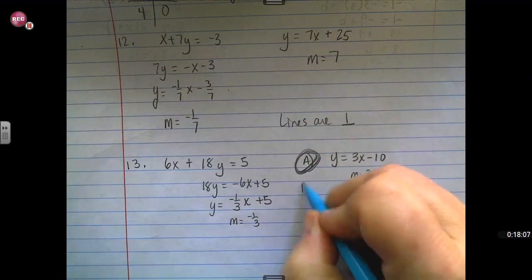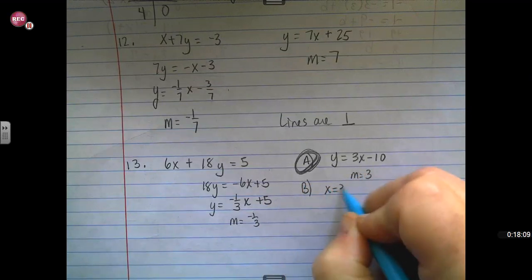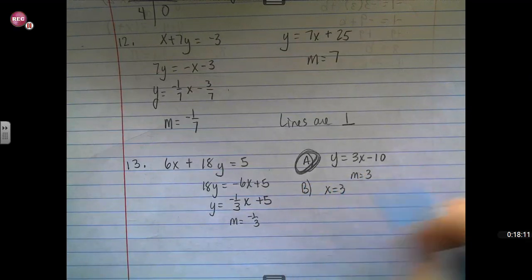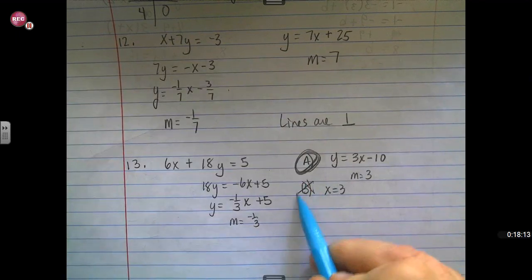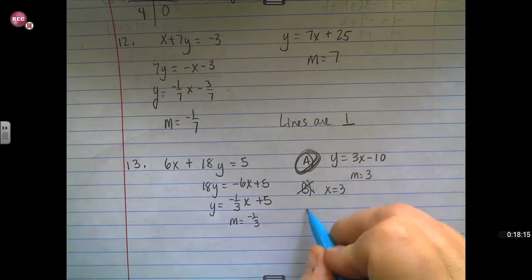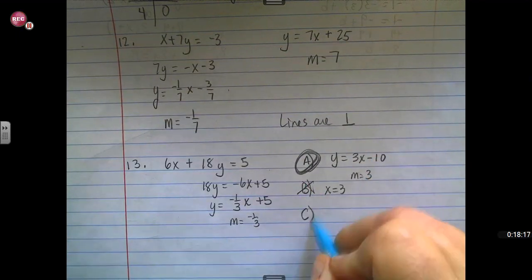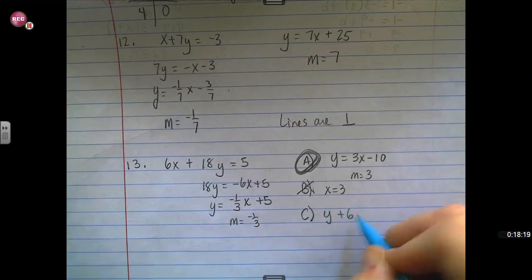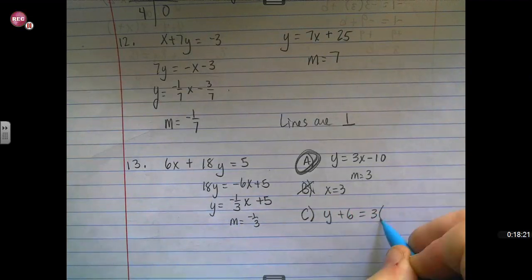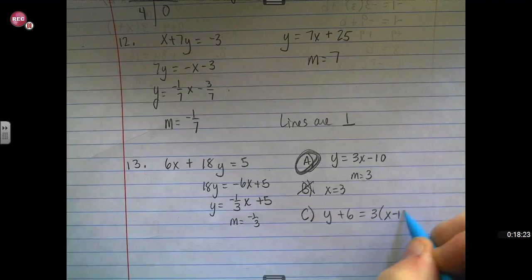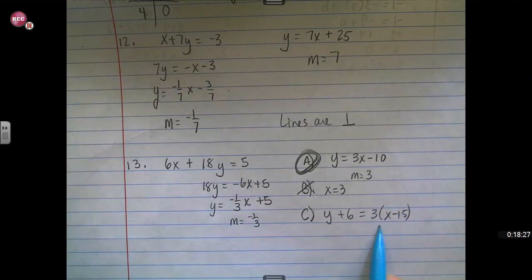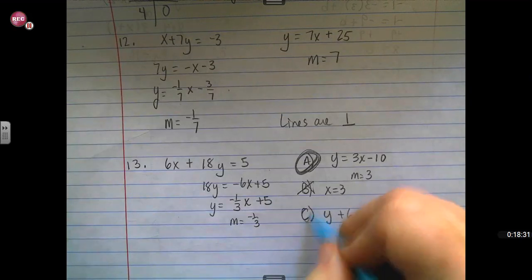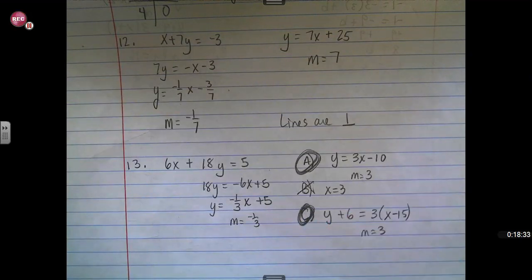Letter B is x equals 3. Nope. The slope of a vertical line is undefined. Not an answer. Letter C is y plus 6 equals 3 times the quantity x minus 15. Well, that's point slope form, and the slope here is 3, and so that would also be perpendicular.